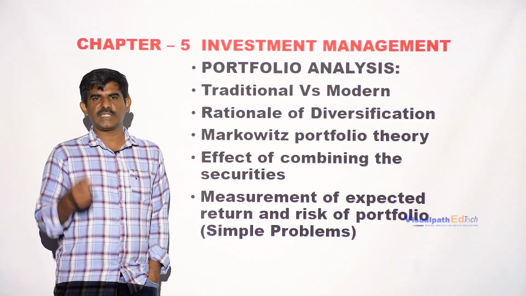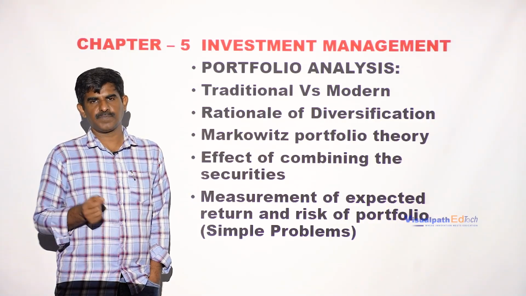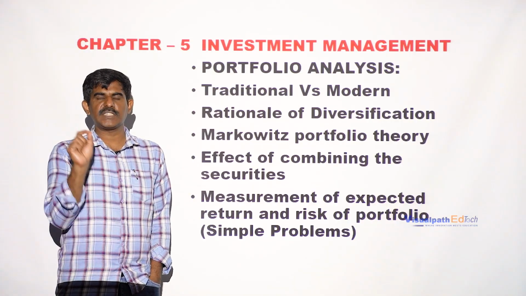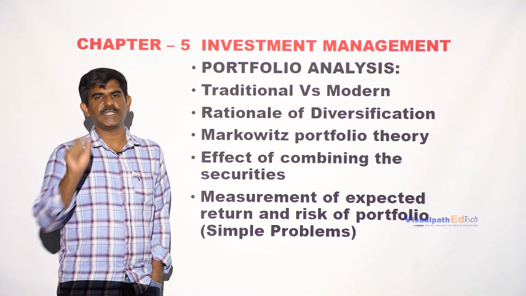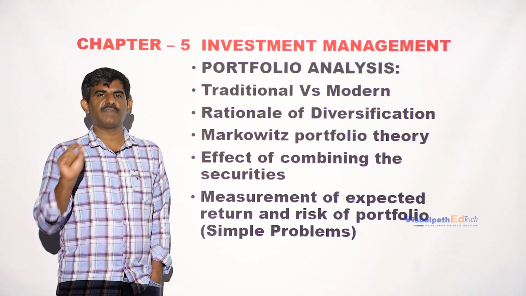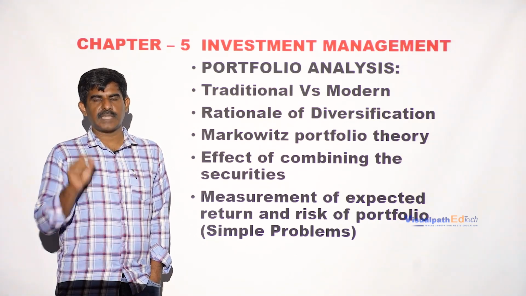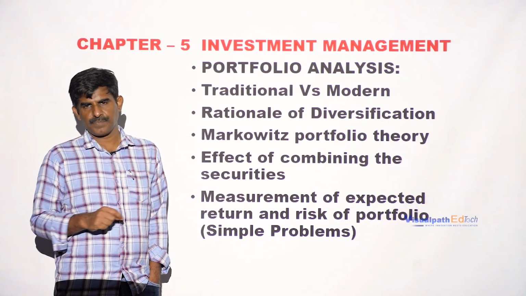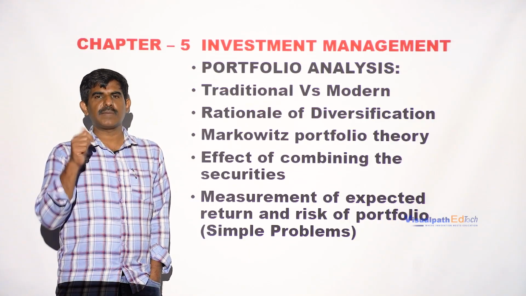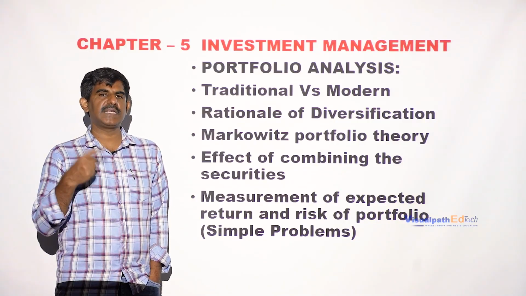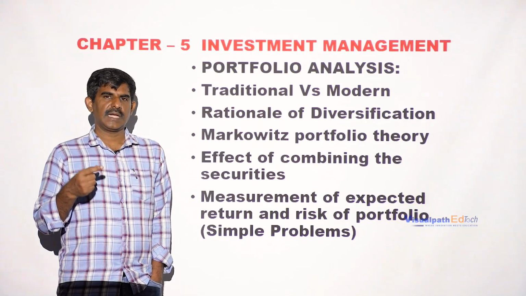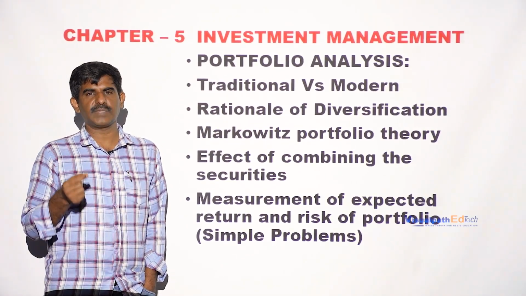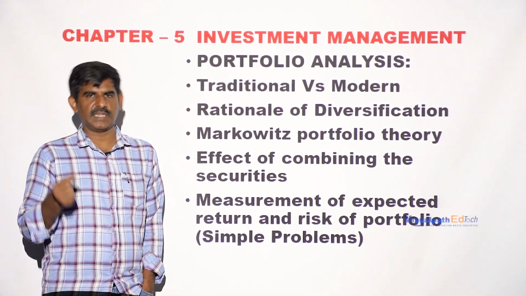Suppose you invest in an IT stock called TCS. Suppose you have an investment amount of 10 lakh rupees and you want to make an investment with 10 lakhs. If you invest all that 10 lakhs in TCS shares, there is going to be some risk. How will it be a risk for you? Suppose something happens to the IT industry or to the TCS company itself, the Tata Group.